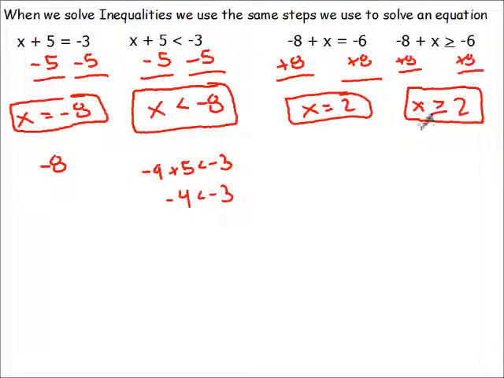So I can choose any number that's bigger than 2, and it'll make this true. For example, let's choose 10. Negative 8 plus 10 is negative 2. Oh, I'm sorry, positive 2. We can check, and we know that positive 2 is greater than or equal to negative 6, so that's true. So we know we got that right.